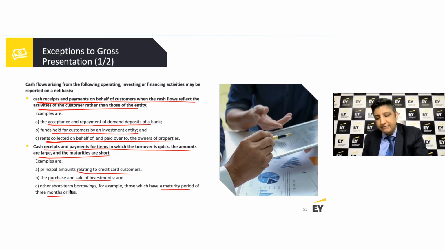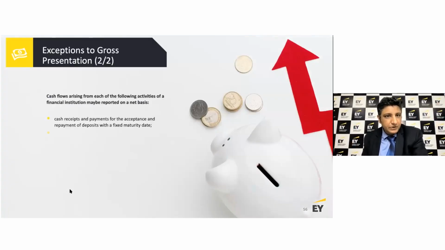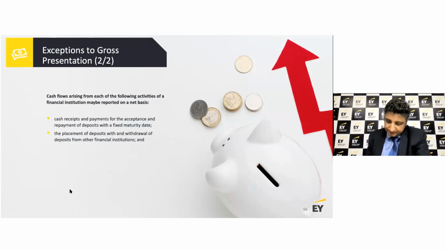But the fact remains, only in those cases is grossing up not required, because otherwise that balloons your entire information on the statement of cash flows. That is the reason why it is prohibited. Similarly, for financial institutions, the repayment or acceptance of deposits, or the placement of deposits or the withdrawal thereof, may also be reported net.